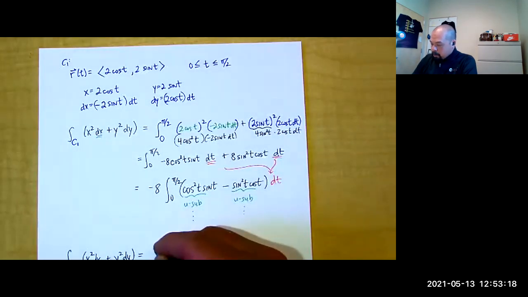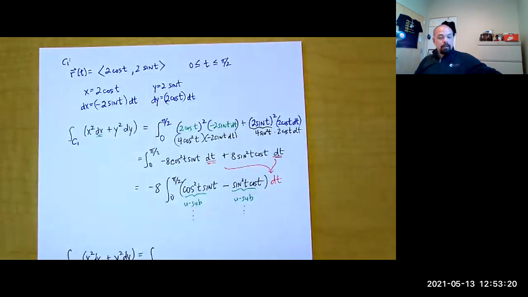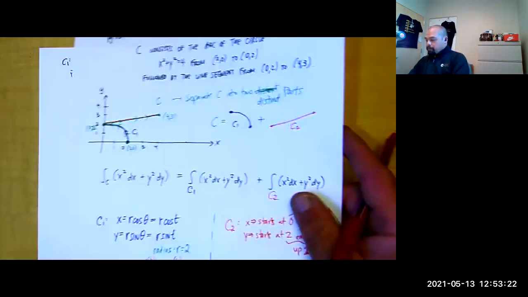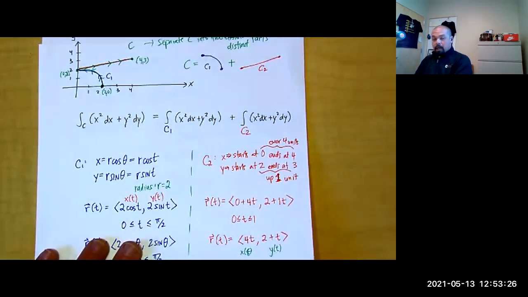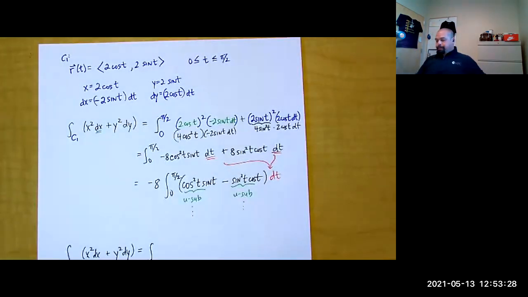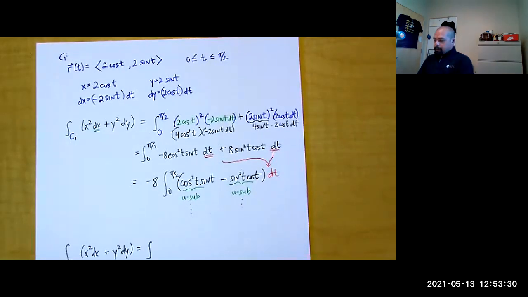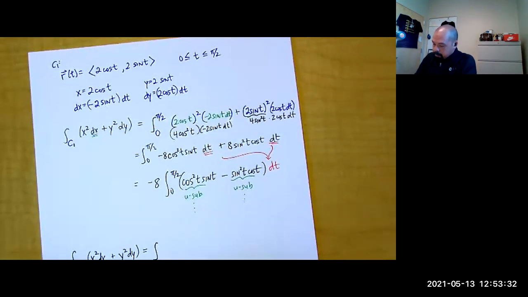Okay, and so when we're doing C2, that integral, remember, we went from 0 to 1 for t. We had this expression. I'm going to copy that down just a second. We can call it r sub 2 if you wish even.